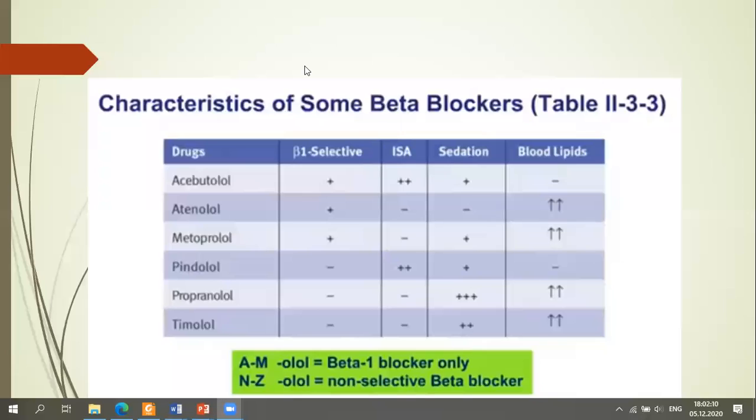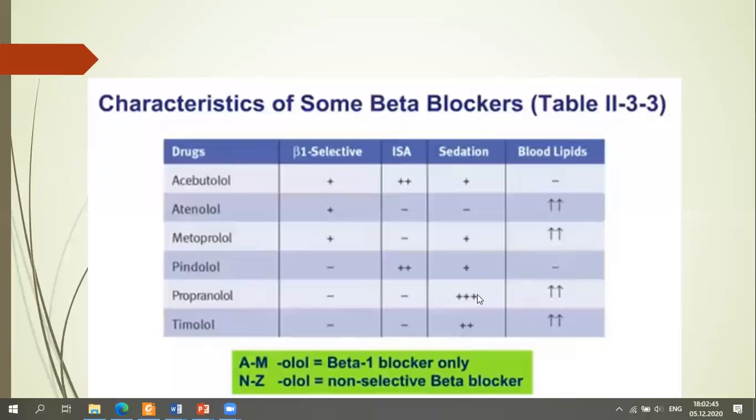Now, about the sedative substances. Excuse me, sir. Sir, here is 1 plus, 2 plus, 3 plus, 1 minus, 2 minus. So the number shows the limitation, here is 3 plus. Yes, propranolol has really high sedation effectivity.